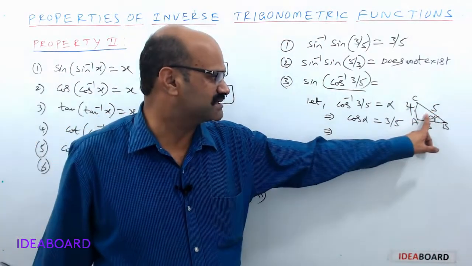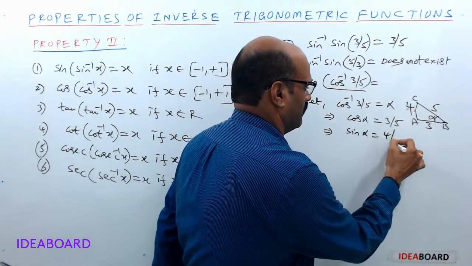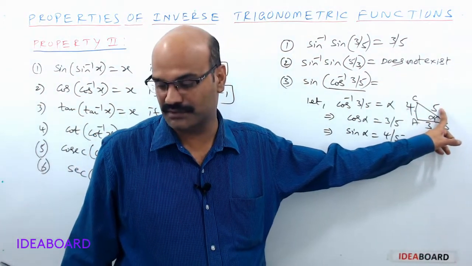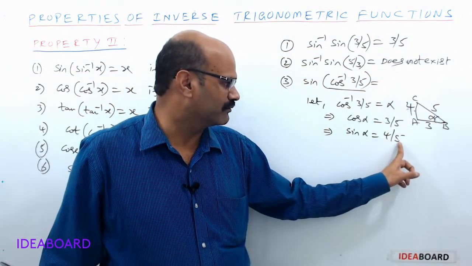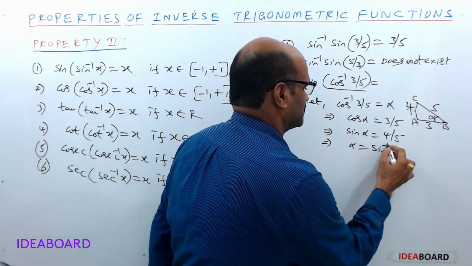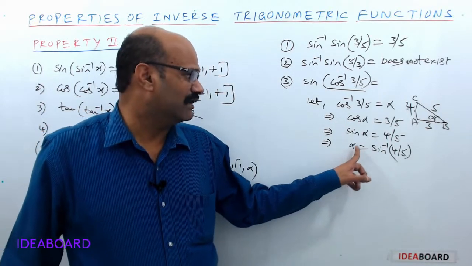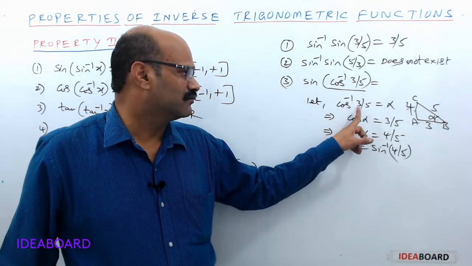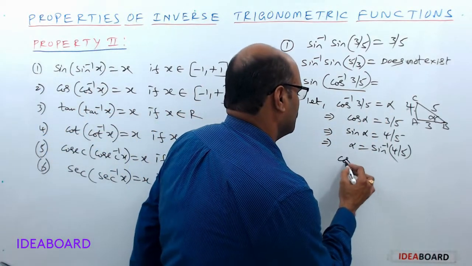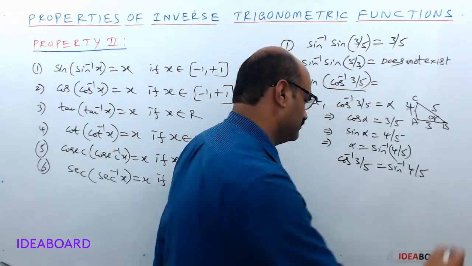So now from this we have sin alpha equal to 4 by 5, perpendicular by hypotenuse. Then it implies alpha equal to sin inverse of 4 by 5. Now alpha equal to cos inverse of 3 by 5. Therefore cos inverse of 3 by 5 equal to sin inverse of 4 by 5.